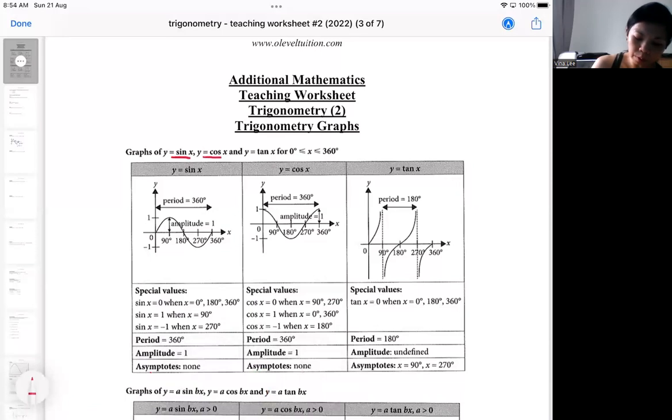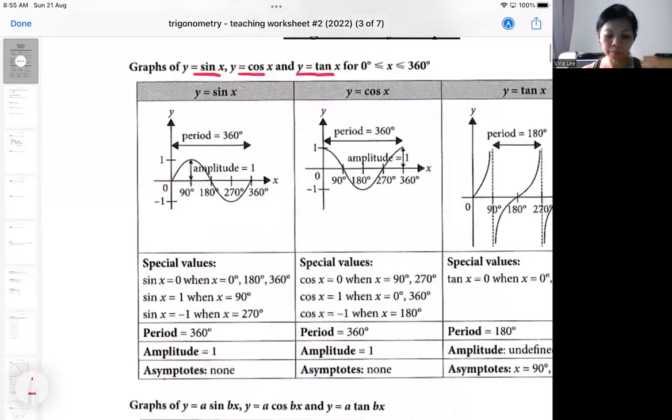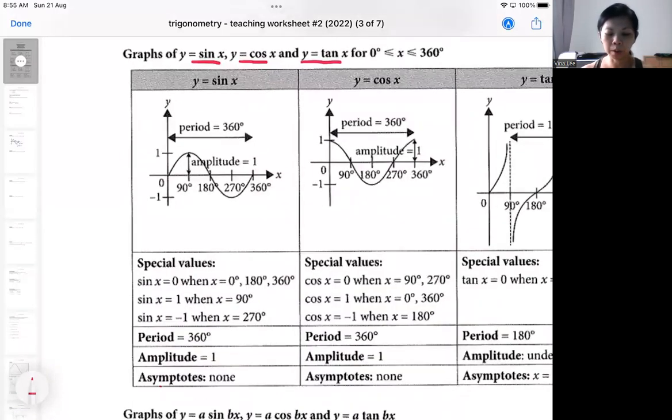I will be showing you the steps. For each of these graphs, for example the sine x graph, there will be something called a period and an amplitude. Right now I'm on the part on sine x. The period for sine x is 360.